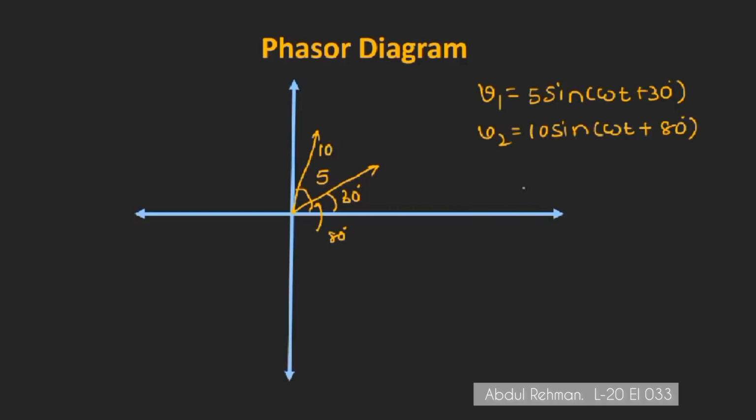So sometimes you will find phasors represented by RMS values instead of peak values. But in this video, we will consider the peak value of the sinusoidal signals. Now let's see one more example based on phasor diagram representation.